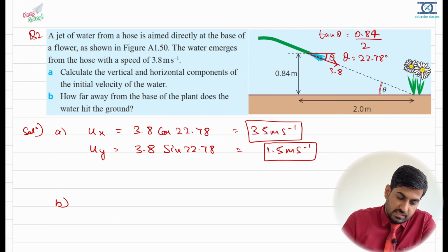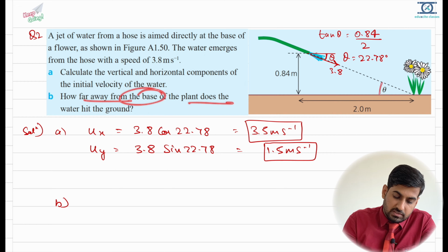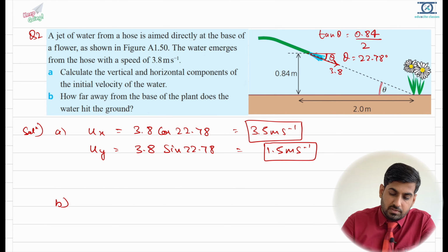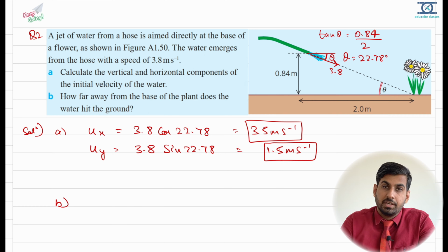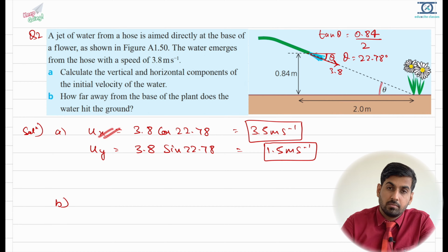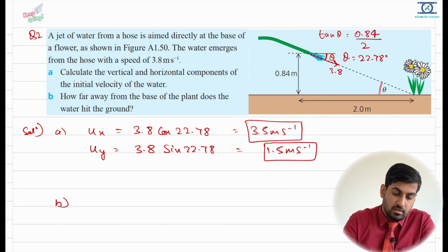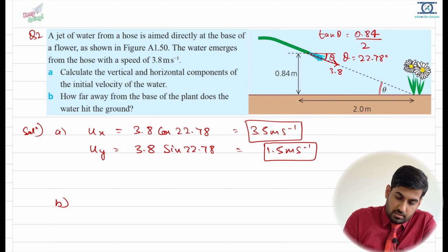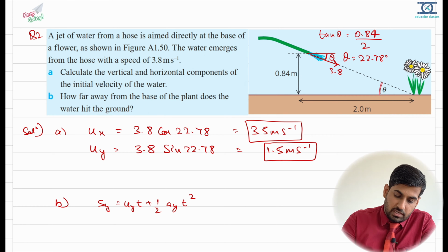Now B part asks how far from the base it will go, like this, right? How far from the base of the plant does the water hit the ground? For that, I know the horizontal component, but I need to find the time. For time, I first have to calculate using Sy equals uy t plus half ay t square, in the vertical direction.